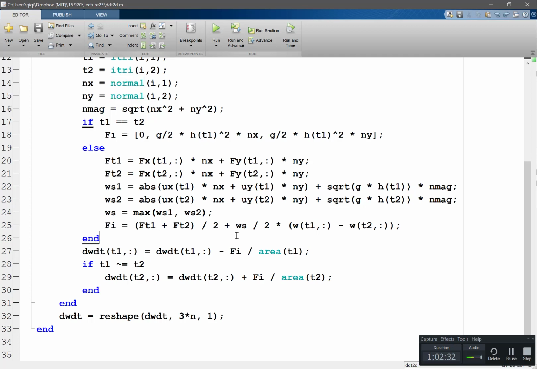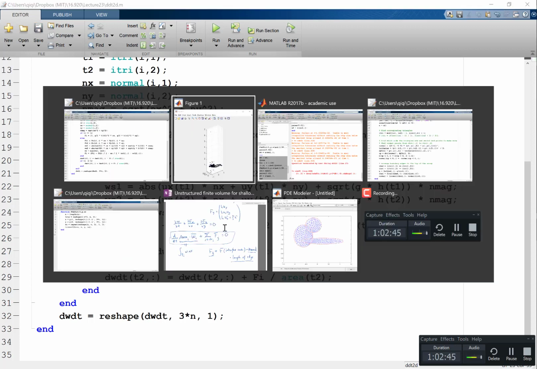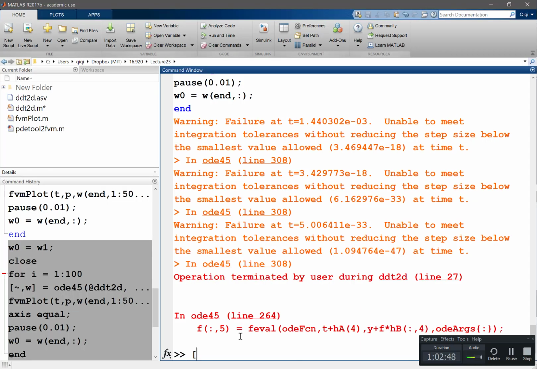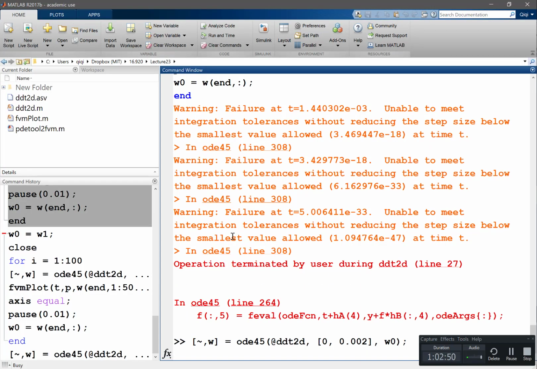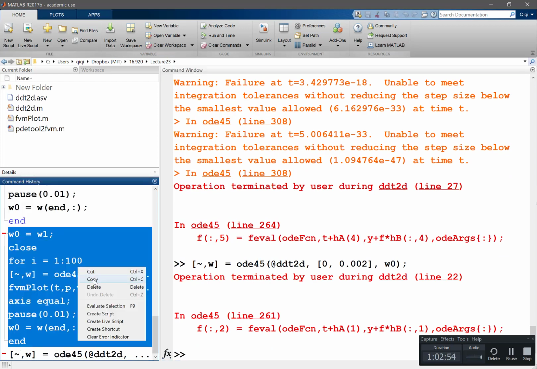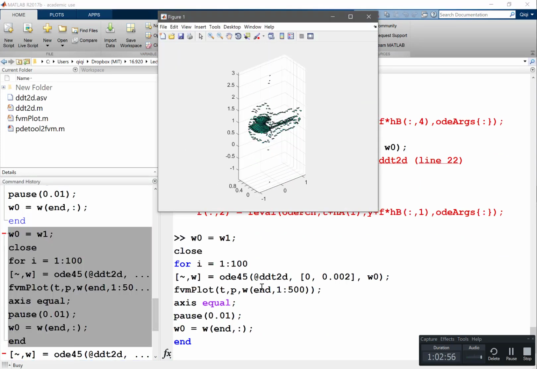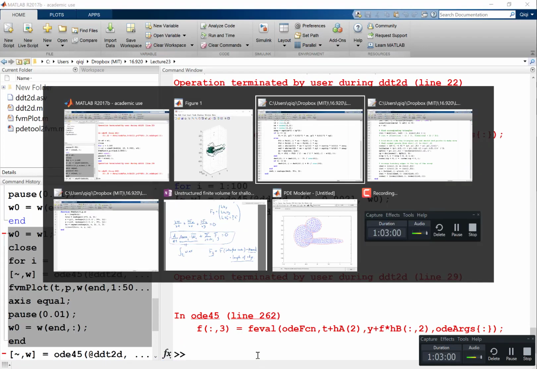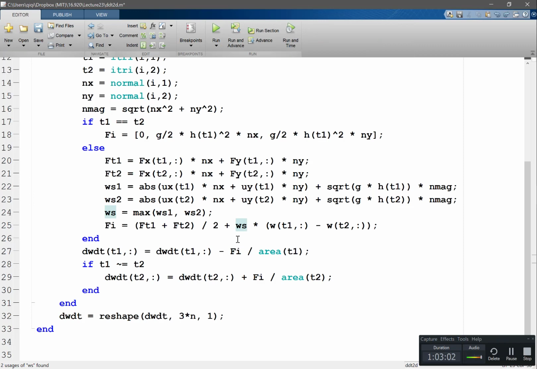It still looks like numerical dissipation is not sufficient. Just to change the sign to see if it's a sign problem. Maybe I messed up the sign somewhere. No, after changing the sign, this thing diverges much faster. So I think I have the correct sign.